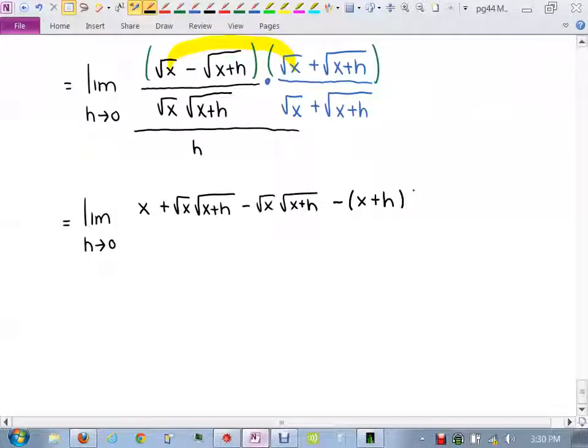Now the reason why is because root x plus h times root x plus h is x plus h. But because it's a negative and a positive, it's minus. That minus must distribute to both of those terms. So it has to be in parentheses. Does anybody want to volunteer to make that mistake on the test for me? Who wants to volunteer? So no one's going to do that? Okay.